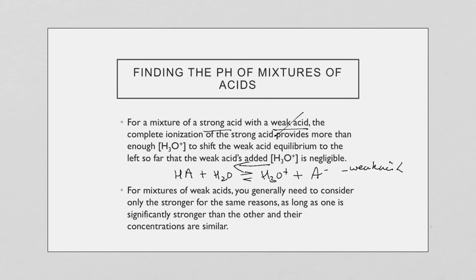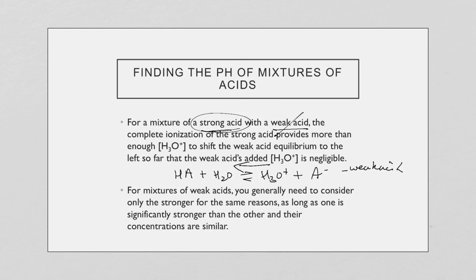So that makes it an even better approximation, or assumption, that we only have to worry about the strong acid. So this kind of mixture, we're going to just treat as a strong acid to calculate the hydronium and the pH.